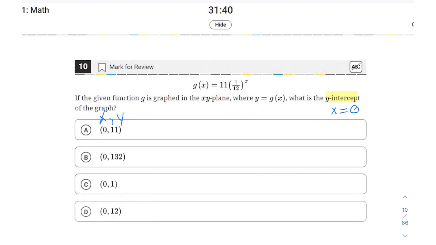So we'd have 11 times 1/12 to the 0 power. Hopefully we know our exponent rules: anything to the 0 power is equal to 1. So this is 11 times 1, which gives us 11. So our corresponding y value is 11 when x is 0, and that matches up with answer choice A.